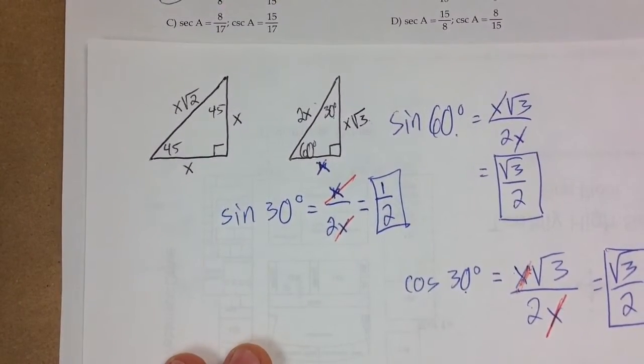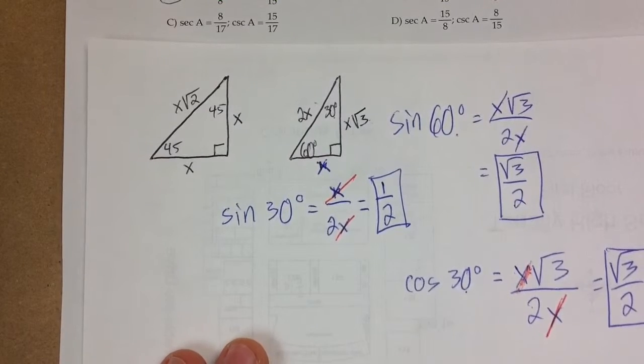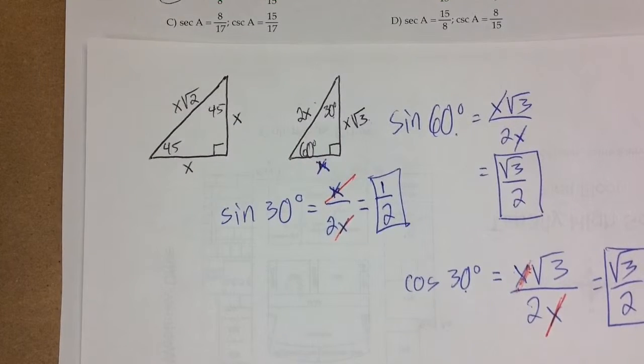Good. Any questions on finding the values of trig functions for 30 degrees, 45 degrees, or 60 degrees, using the 30, 60, 90 or the 45, 45, 90 triangles?